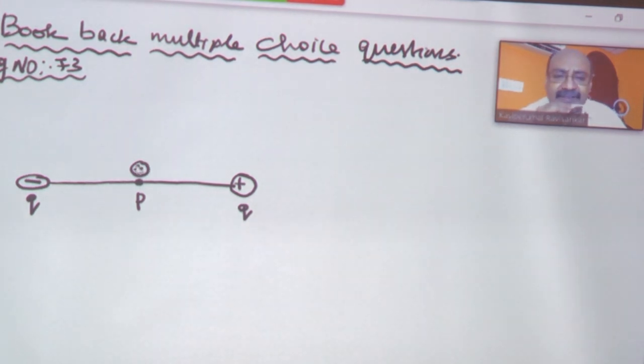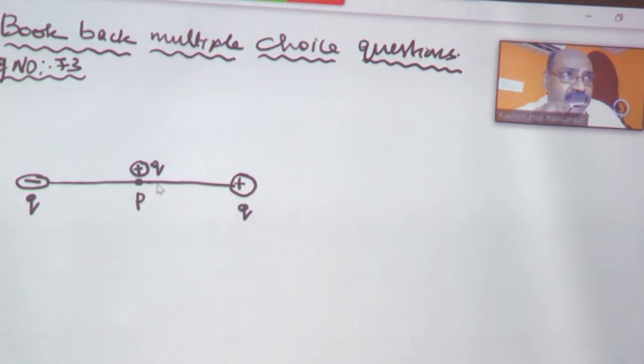It is given that the charge plus q placed at the center is also considered to be plus q. Suppose the charge plus q is displaced a small distance from this point P in the directions indicated by arrows.